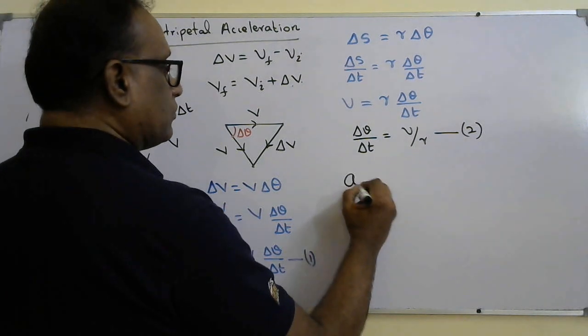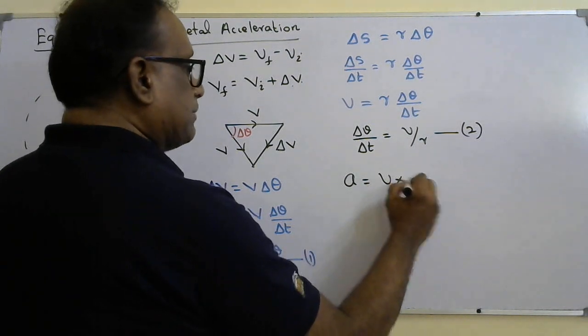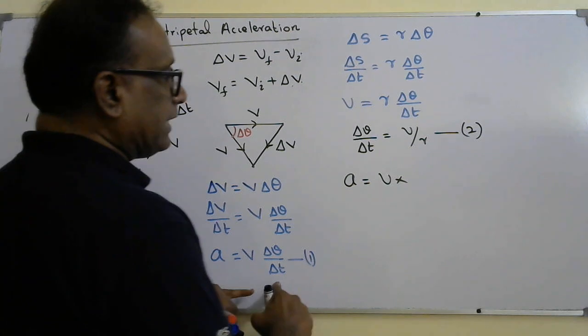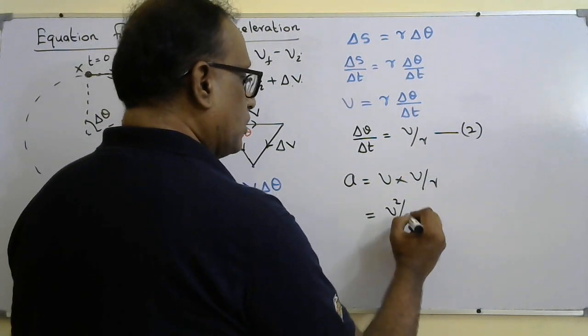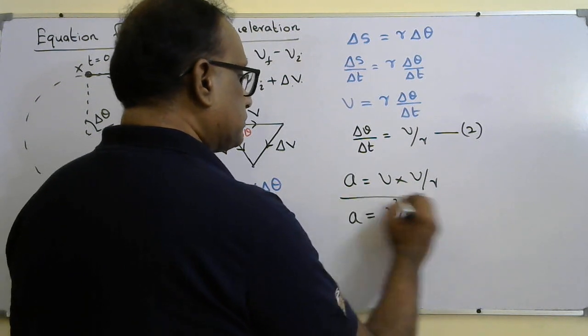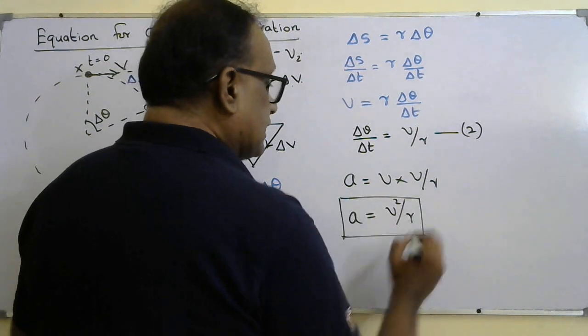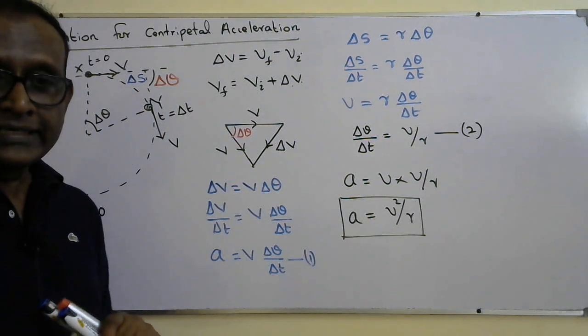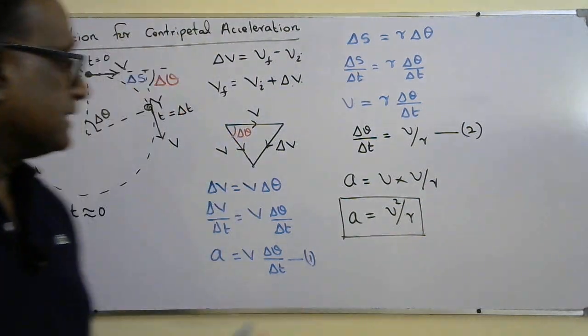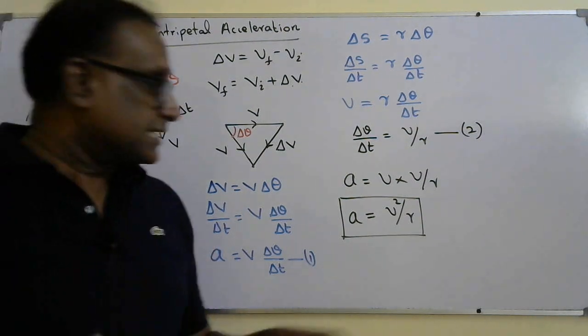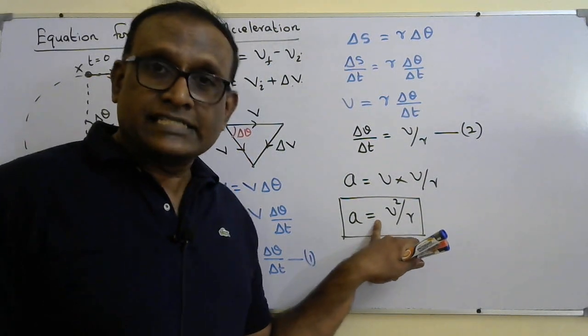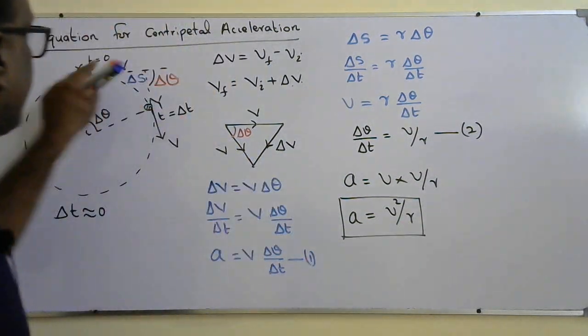I'll get a equals v times v over r, so that means v squared over r. This is the centripetal acceleration. I already derived that the centripetal acceleration is perpendicular to the velocity at an instant. So this is the centripetal acceleration at an instant at point x.